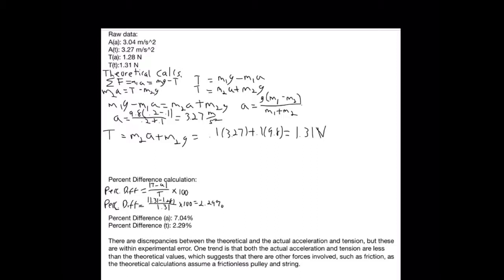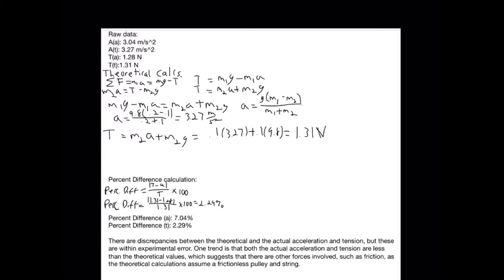To find the tension and the acceleration, Newton's second law, sigma F equals ma, was used, and it was rewritten so that tension equals m1g minus m1a, and tension equals m2a plus m2g, where m1 is the heavier weight, the 0.2 kilogram one, and m2 is the 0.1 kilogram weight.